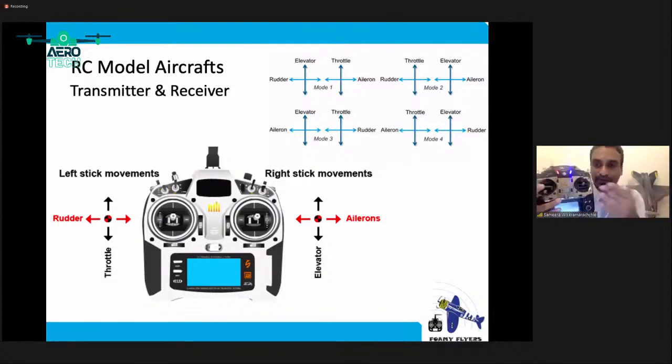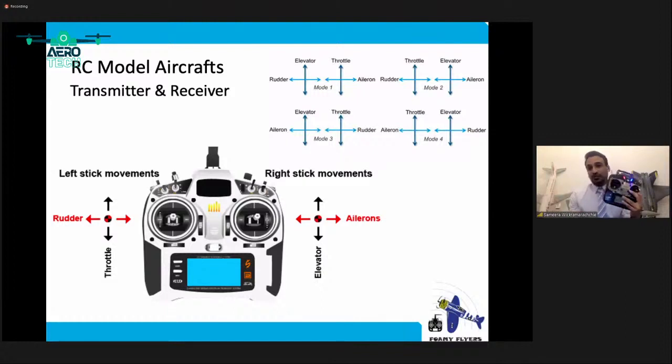However, if you ended up buying a mode 1 transmitter, not to worry. If the transmitter is programmable like this, you can open the transmitter up on the back and change the gimbals, as these are called on the sides, so that you can have a mode 2 transmitter.